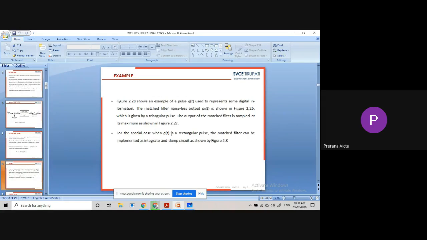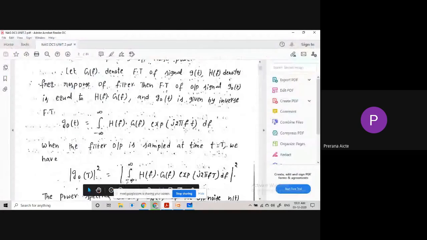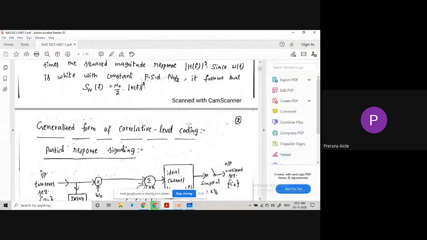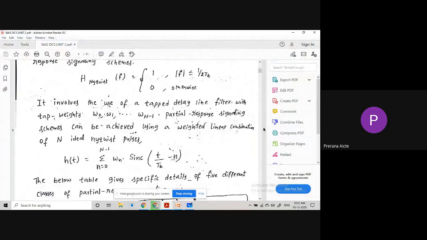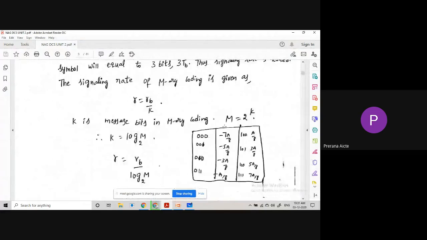Now let us see the properties of the matched filter in this class. What are the main properties of the matched filter? There are three properties of the matched filter.